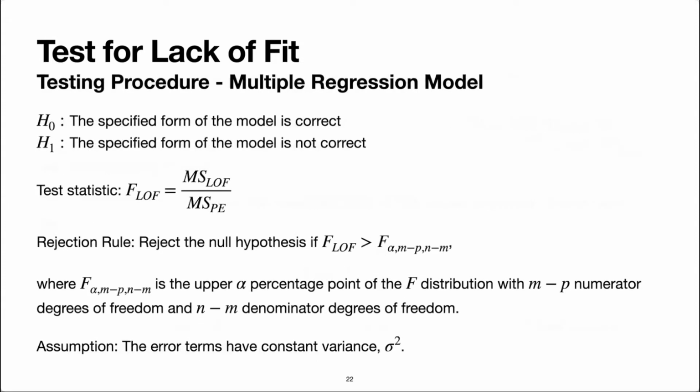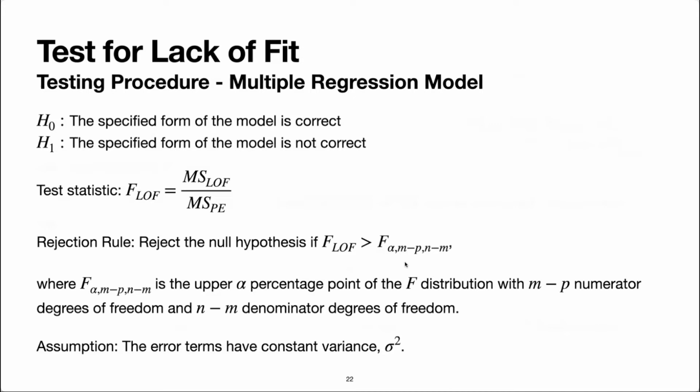So for the multiple regression model case, we have the same set of hypotheses, the null hypothesis being that the specified form of the model is correct, against the alternative hypothesis that says that the specified form of the model is not correct. We have the same test statistic.